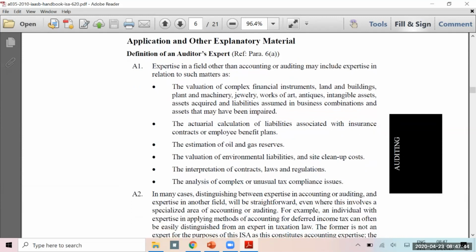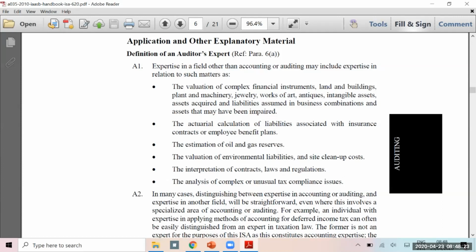In this case, you may require a financial analyst who is going to help you out in terms of the value of the financial instrument. In the case of land, building, plant, machinery, it will be a property valuer. Work of art will also require a valuer in their own different field altogether.